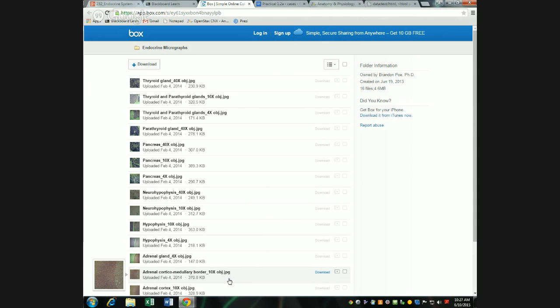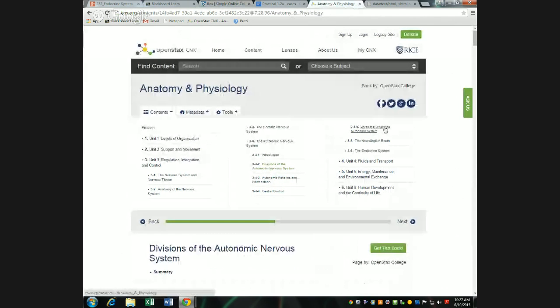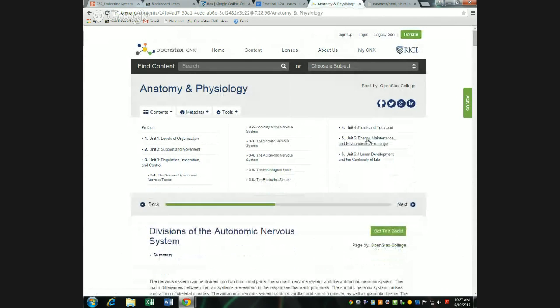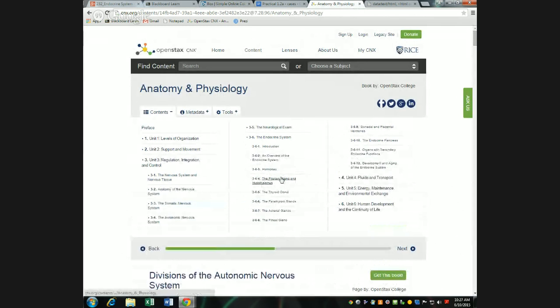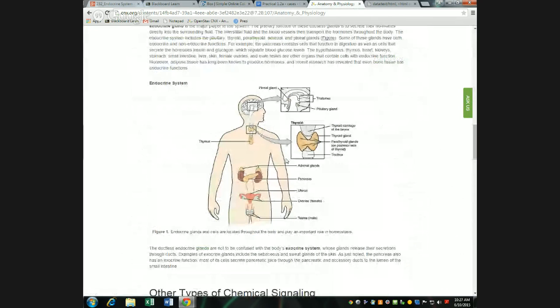Actually, come to think of it, you just go to the endocrine system part of the book, and this is just a picture that kind of depicts the same thing.